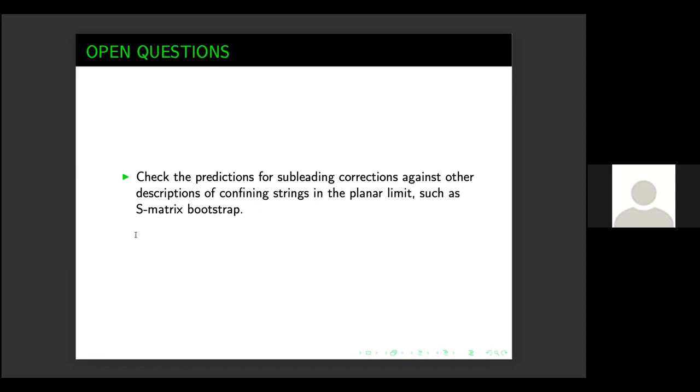So as was done to leading order in work by Komargodski, Zhiboedov, and Sever, and for subleading order, in particular the J to the 1/4 correction was derived by Zhiboedov and Sever in subsequent work. But for instance, the universal term at J to the 0, the theory independent term at order J to the 0, hasn't been derived from S-matrix bootstrap or anything like that. So it would be really interesting to try to do that.